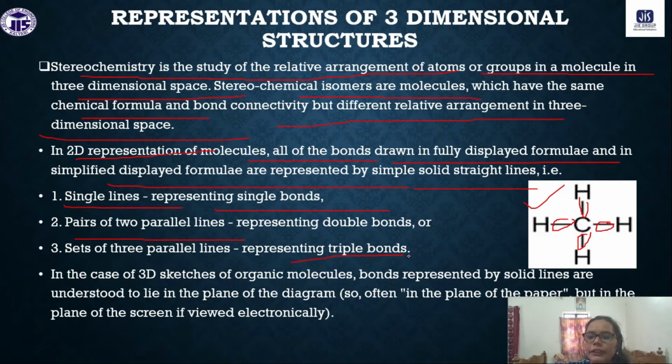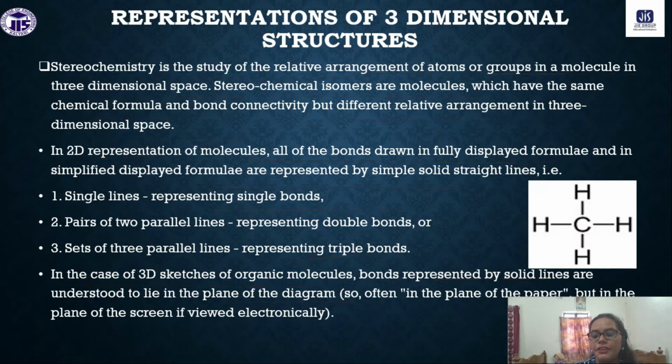You know that. But in 3D sketches of organic molecules, some of the bonds are represented by solid bonds, and some by dotted bonds. That is the representation of the three-dimensional picture.